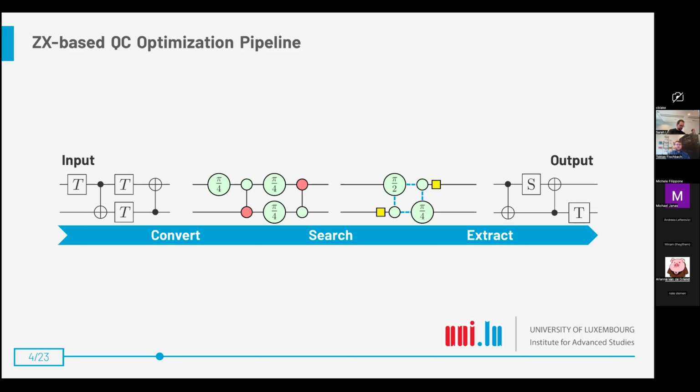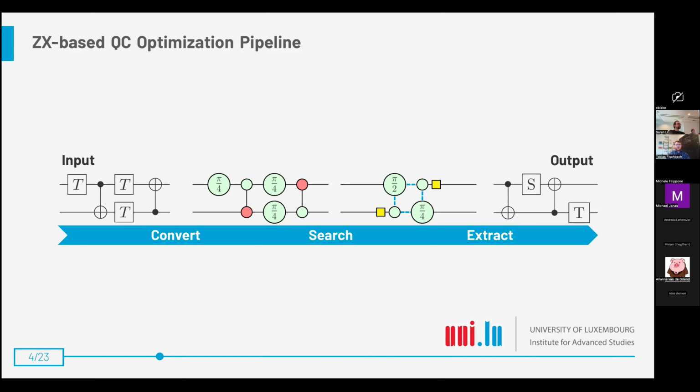This gives us two different target points where quantum circuit optimization can happen. On the one hand, it can happen at the search stage, which means, for example, if we want to optimize the T-gates, or at the extraction stage, for example, when we aim to reduce the two-qubit count or to be architecture aware.